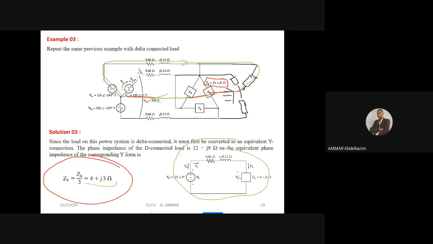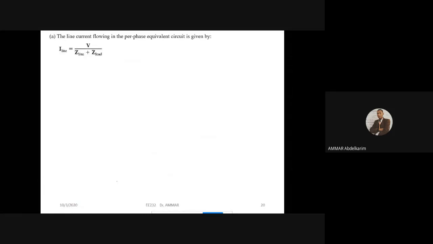But here, be careful, the value of the load has been changed per phase. So the current of the line equals the voltage over the line impedance plus the load impedance.